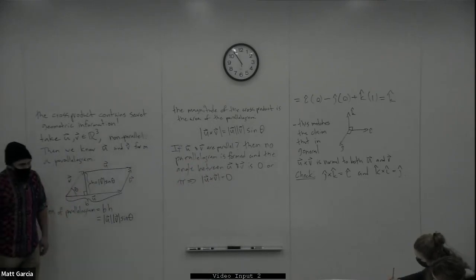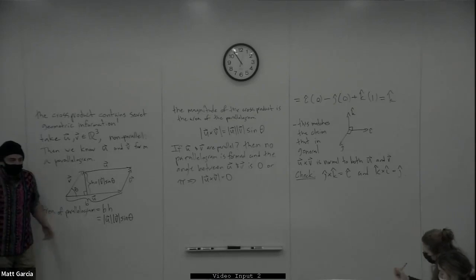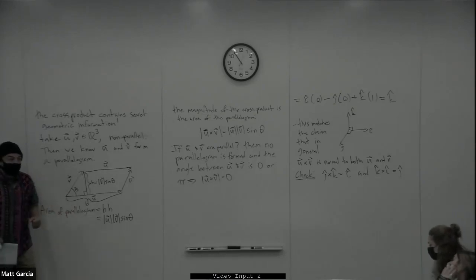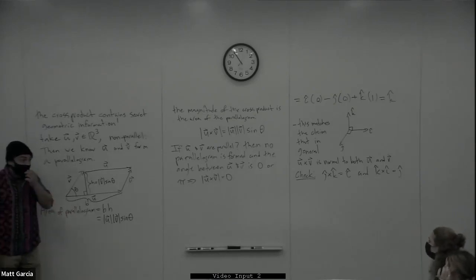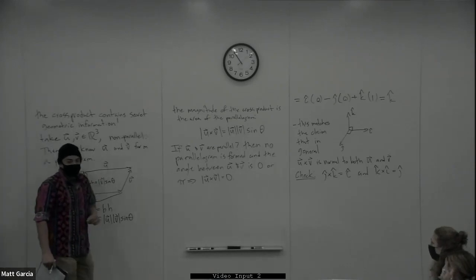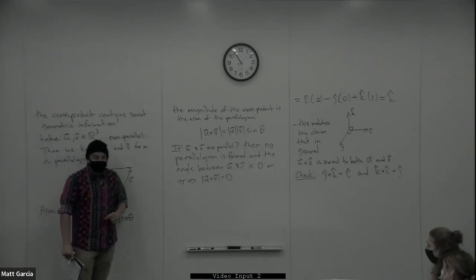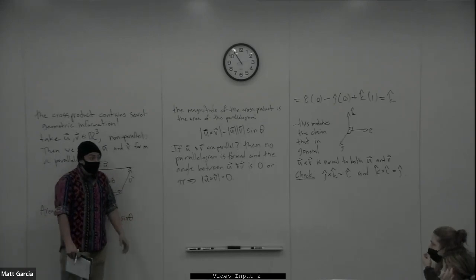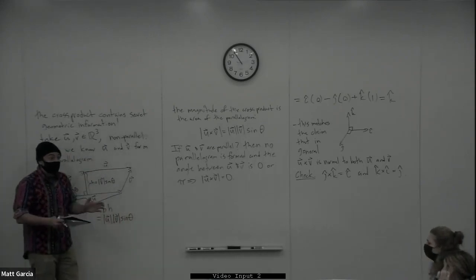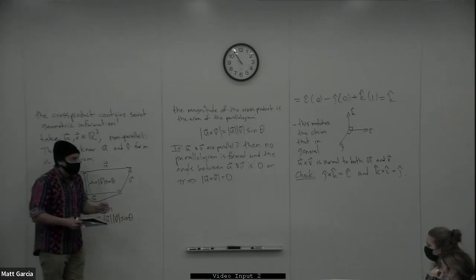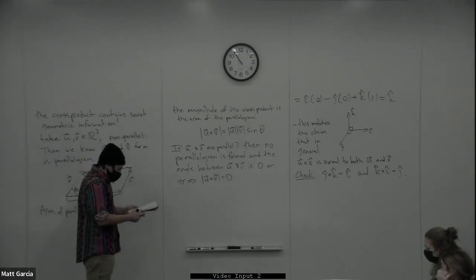So when we look at the dot product of two vectors, if it turns out to be 0, we know that those two vectors must be perpendicular. When we look at the cross product of two vectors in R3, and it turns out to be 0, we know those two vectors must be parallel.